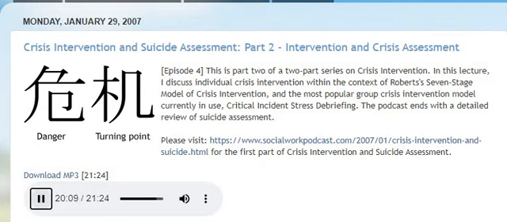Once you have a severity rating, such as the one developed by Rudd, Joiner, and colleagues, you're able to quickly and easily identify what the next step is in terms of a treatment plan. This has the obvious benefit of providing safety for the client, and has the less obvious but no less important benefit of providing the clinician with solid clinical evidence to support their decision.